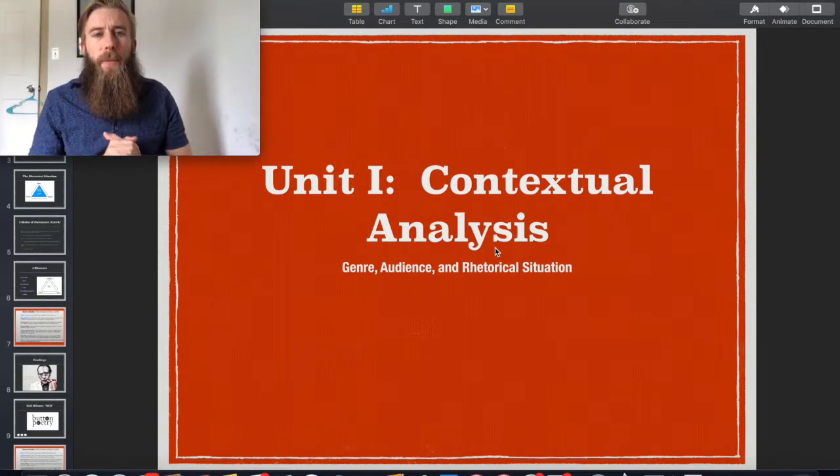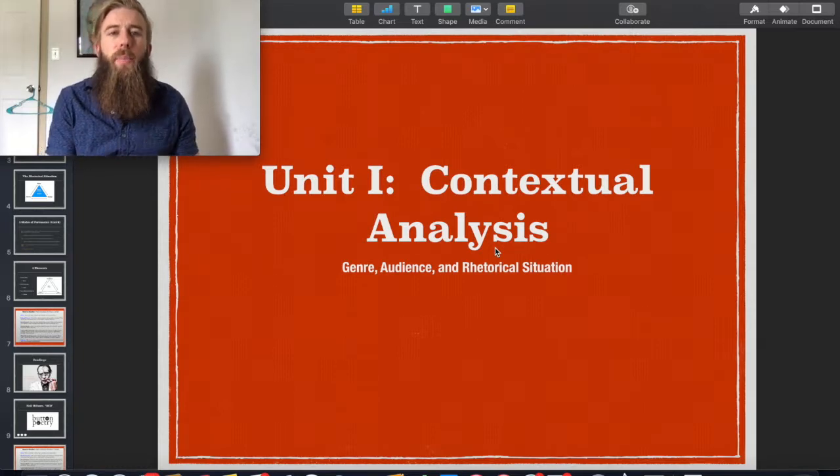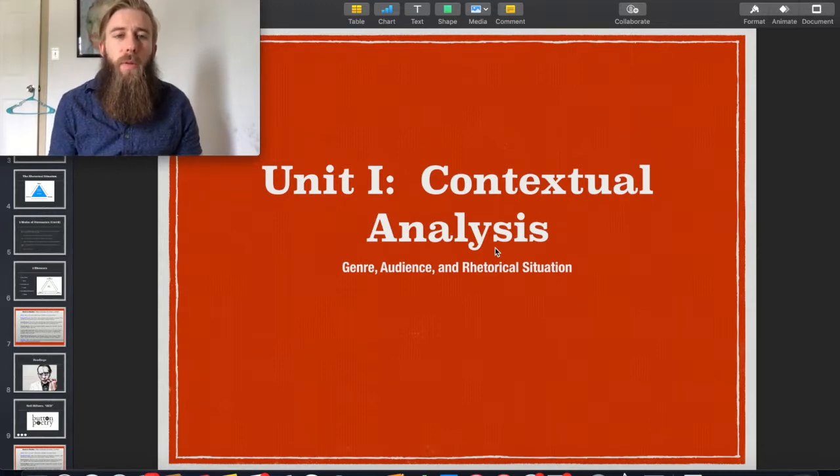Essentially, we're going to talk about three key terms in this unit: genre, audience, and rhetorical situation. I will let you know up front that audience is part of the rhetorical situation. Even though I'm sort of repeating myself a little bit, the reason that we're talking about audience separately is really because we're going to isolate and discuss the importance of the audience.